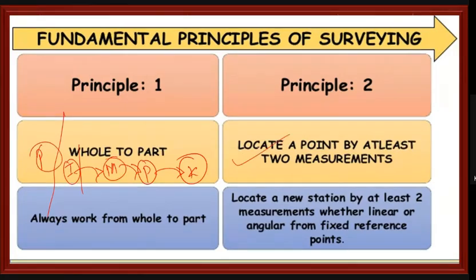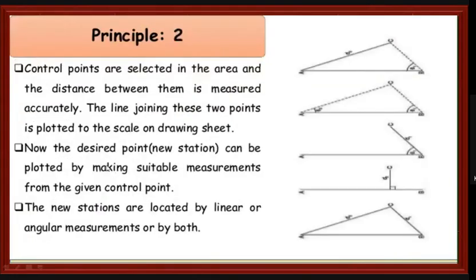The second principle says that locating a point is done by at least two measurements. That is station A, station B, and station C. It is measured with the help of a length or by an angle.